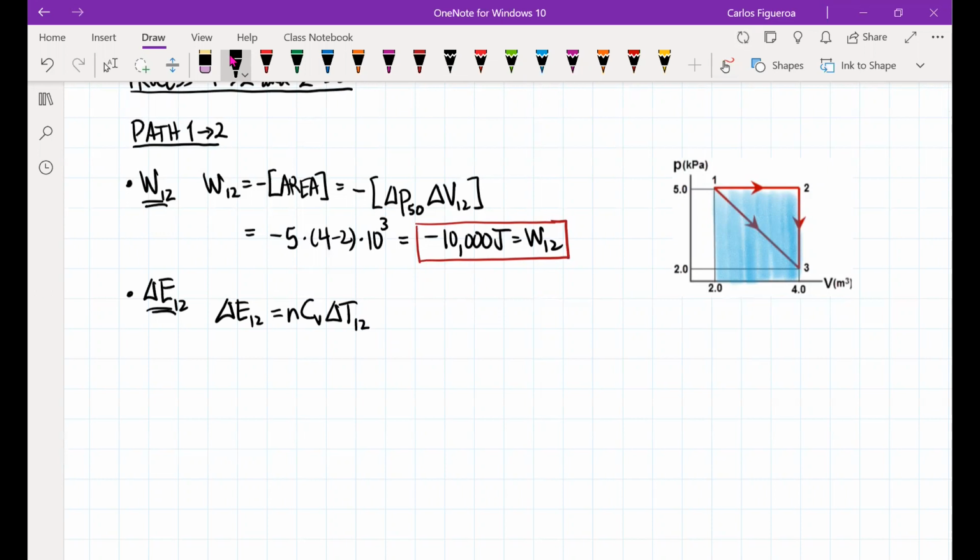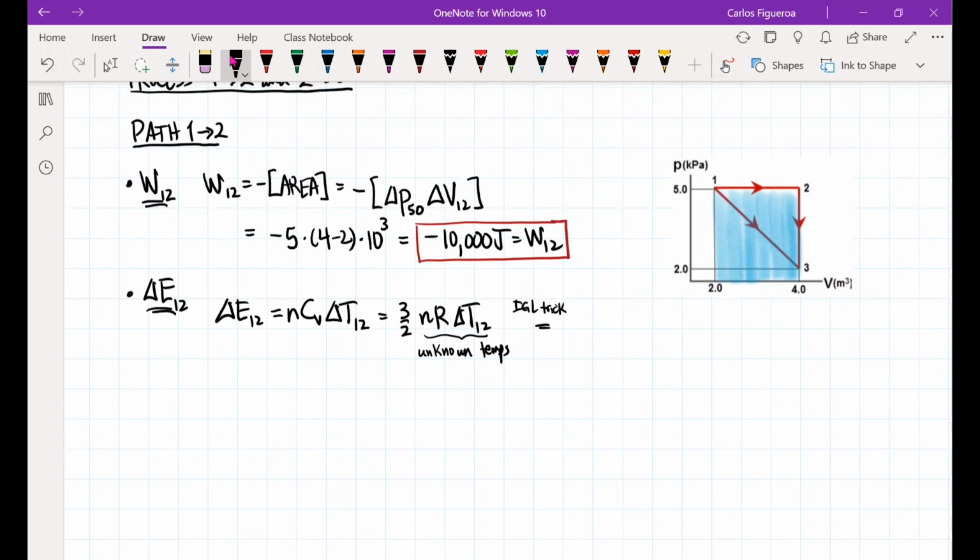But if I put in the details again, we can use the ideal gas law to convert this. Remember, these are unknown temperatures, so I want to convert that. I'm going to use the ideal gas law trick, and convert these to pressures and volumes.